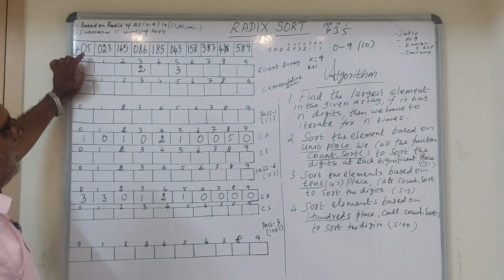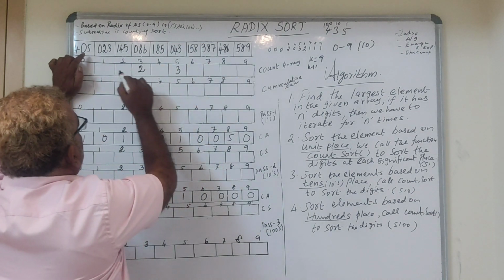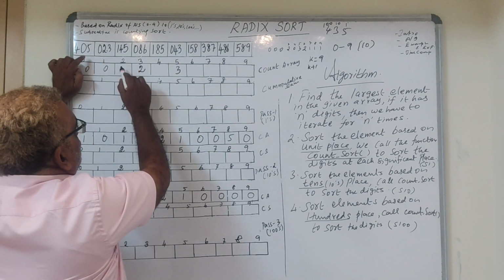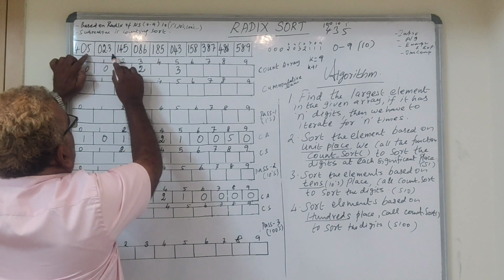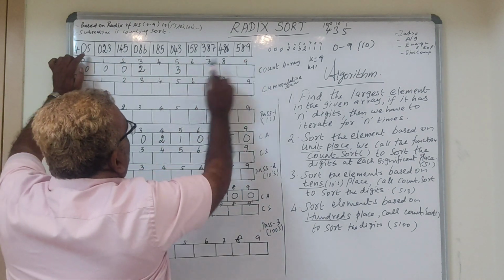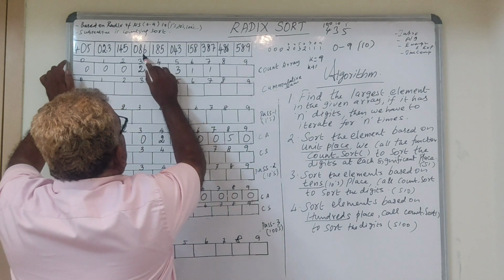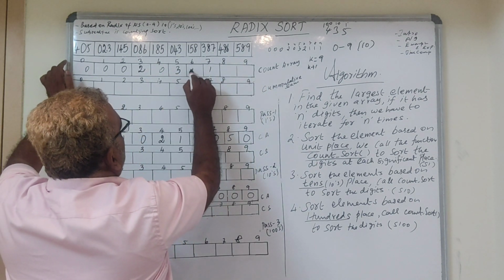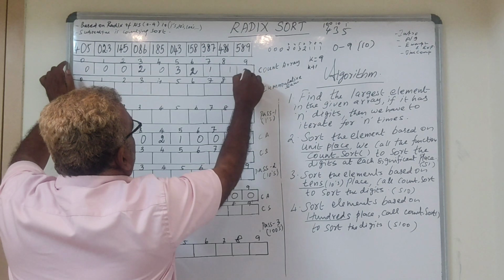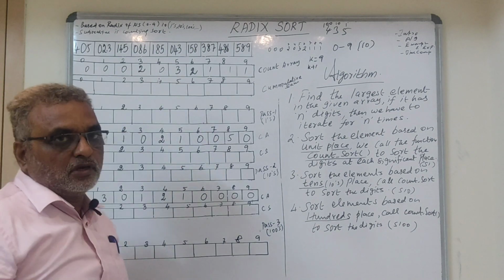Other values: 1 occurs no times, 0 also no, 2 also no, and 4 also 0. 6 occurs 2 times, 7 one time, 8 one time, and 9 also one time. This is how we make the count array.